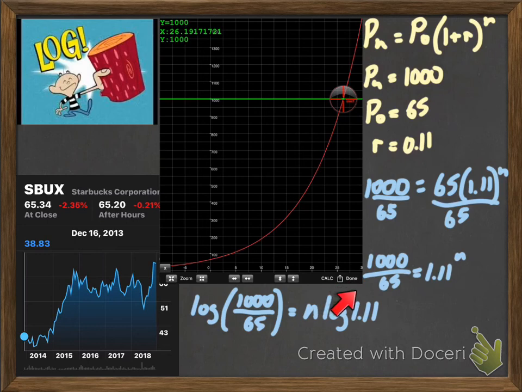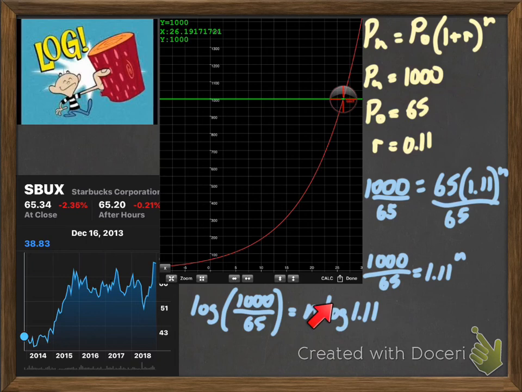And then if I take the log of both sides, that leaves me with log of 1,000 over 65. And remember, log with no base assumes base 10. So this is just a general log. And then I can rewrite the log of 1.11 to the nth power as n times log 1.11. That's our power rule, or exponent rule, for logs.